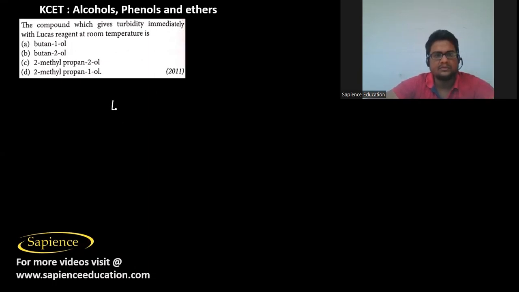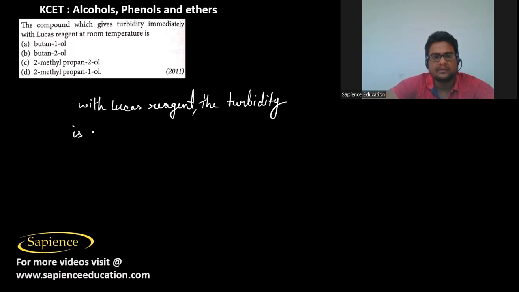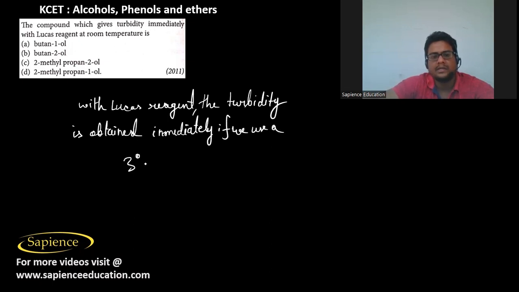With Lucas reagent, turbidity is obtained immediately if a 3-degree alcohol is used, or I can say a tertiary alcohol.